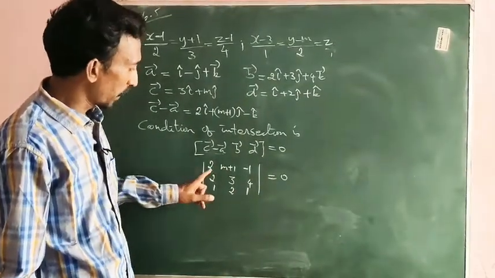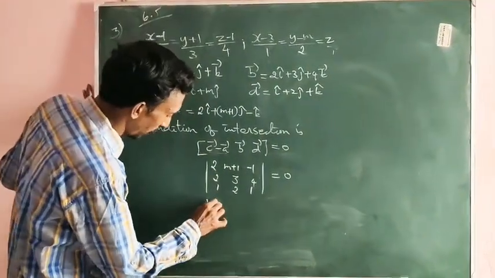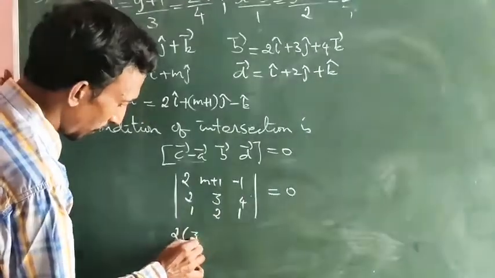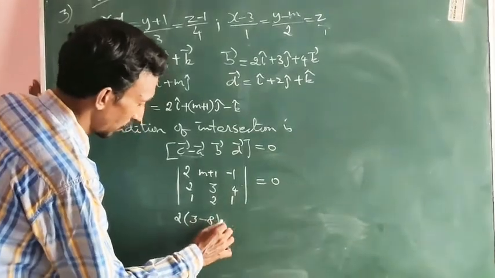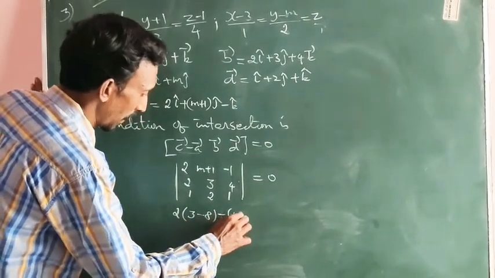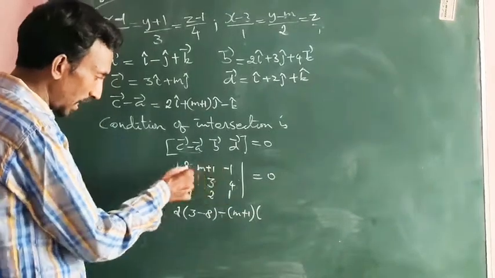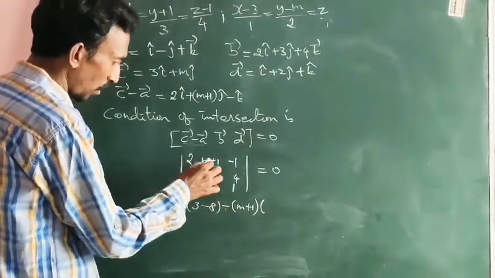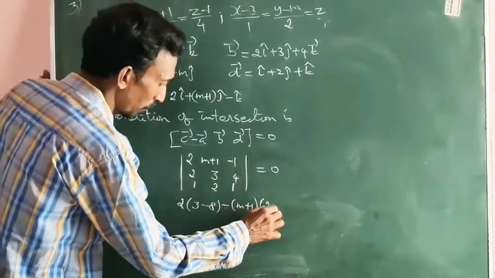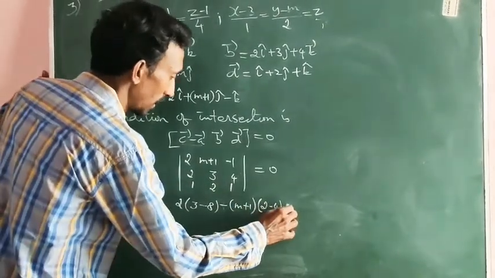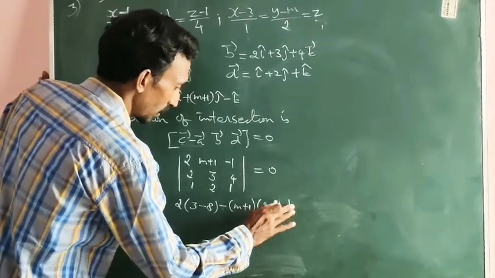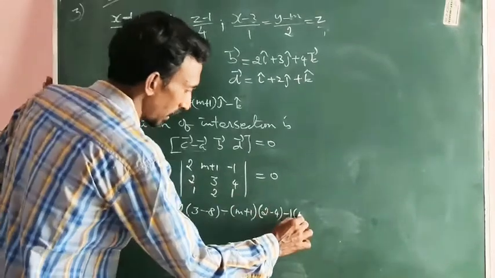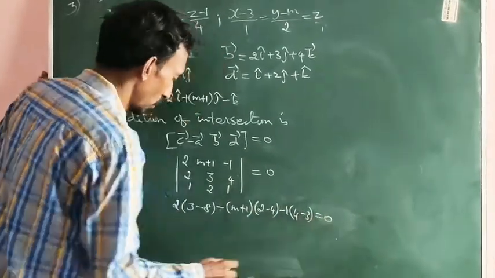So expand with respect to the first row: 2 into delete that row and column, 3 minus 8, minus of m plus 1 into delete that row and column, 2 minus 4, plus minus 1 into delete that row and column, 4 minus 3, equal to 0.